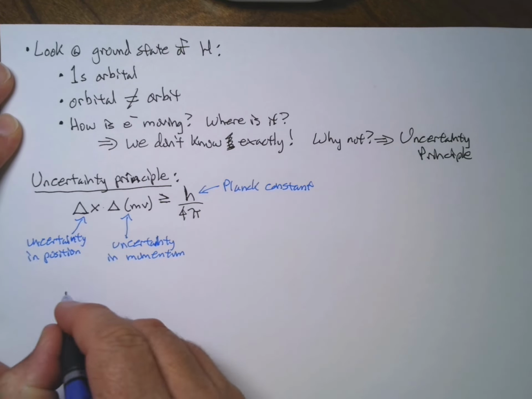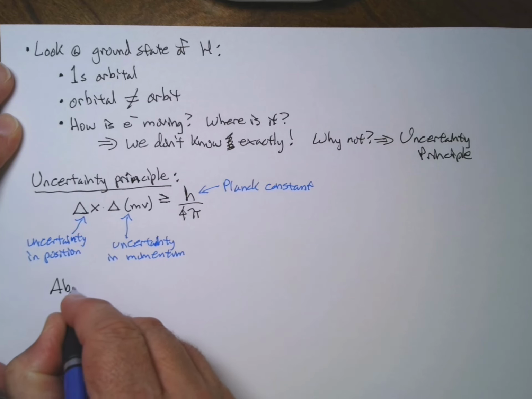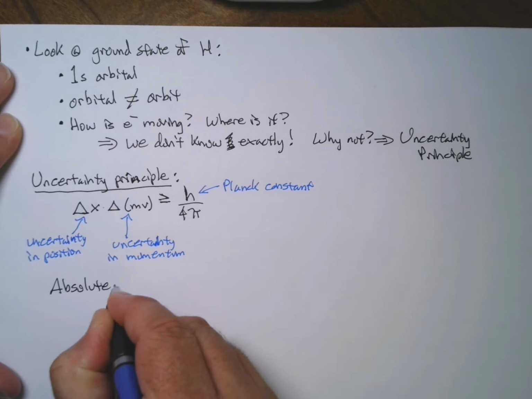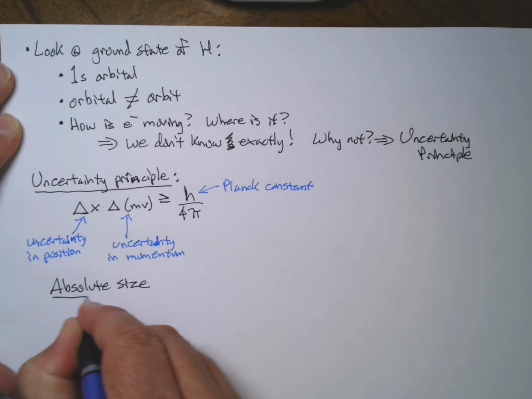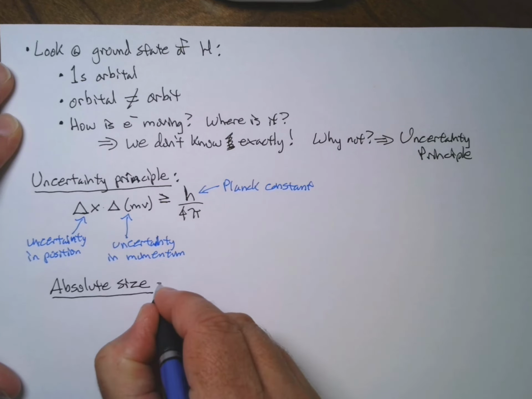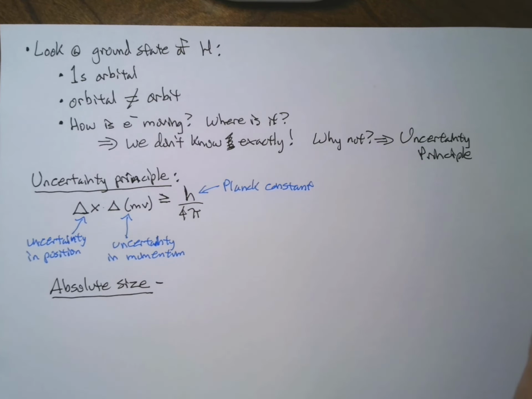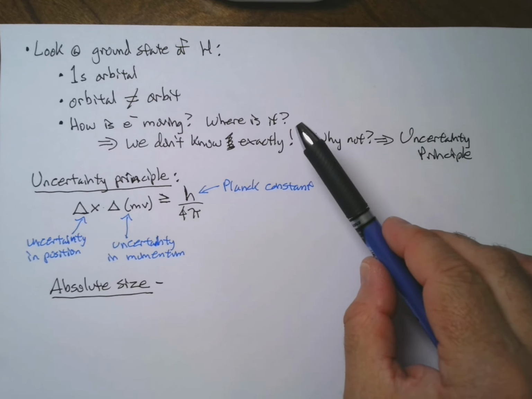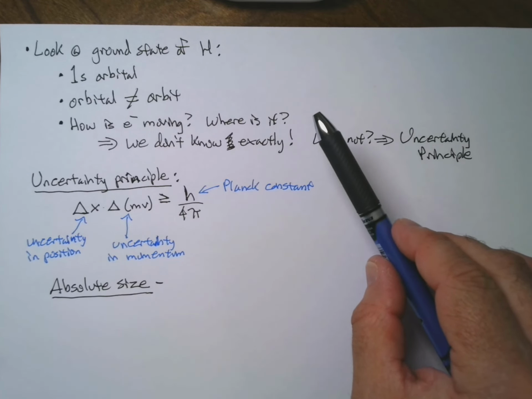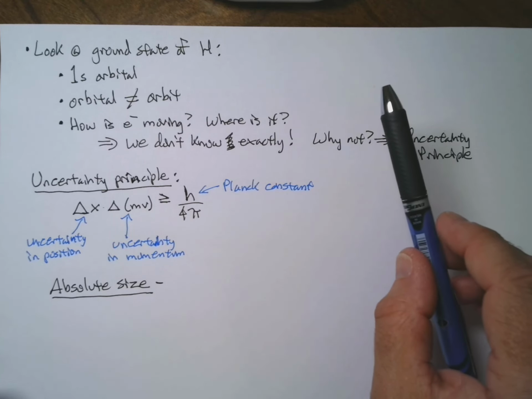Okay, and I want to talk about absolute size. You think about things being large or small, and my pen is small compared to an elephant, but it's large compared to an ant.